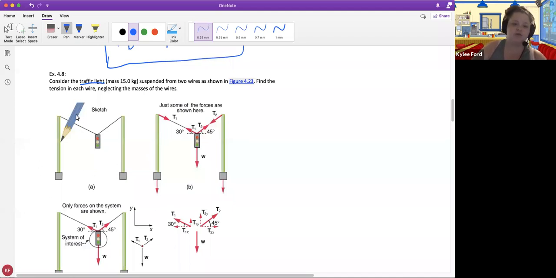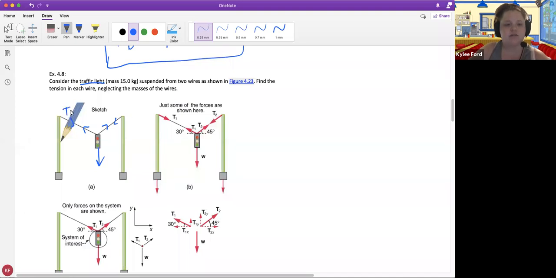I'm just going to draw on this one. There's going to be the weight of the traffic light. There's going to be some tension in the wires, and from the pole to the wires there's also another tension, and the tension will be the same throughout, on this side and then this side.